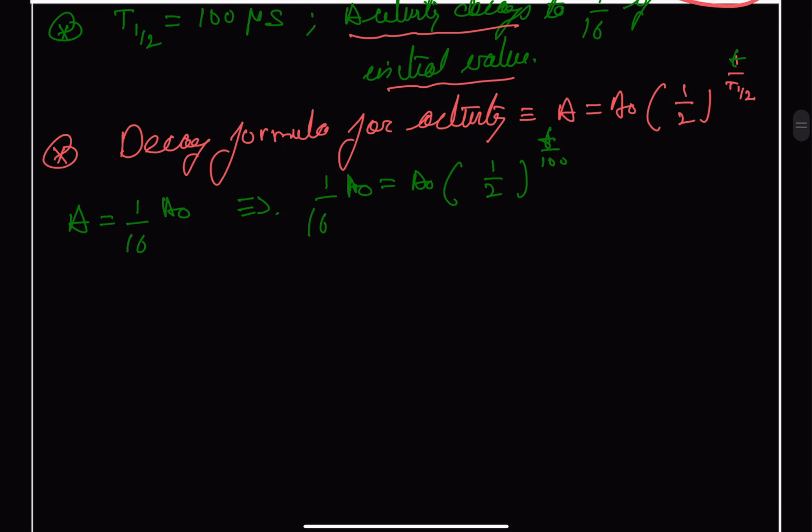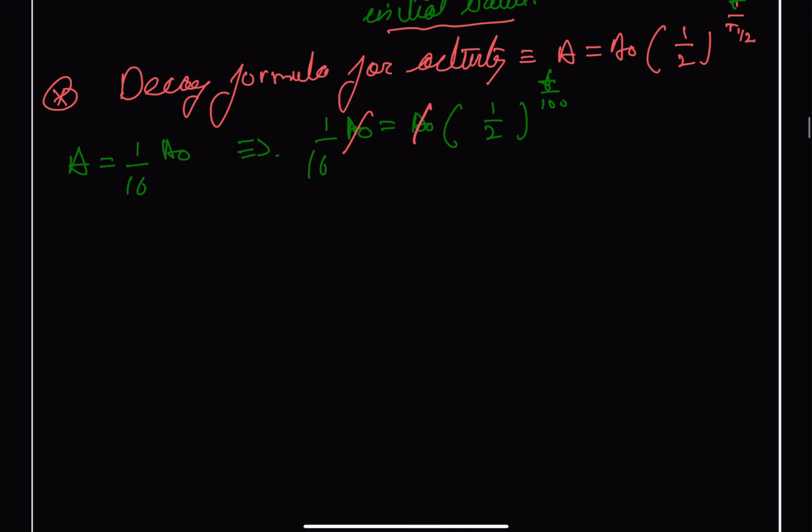And this A naught and A naught cancel out. So we can just manipulate it. 1 upon 16 can be written as 1 upon 2 raised to power 4, which is equal to (1/2) raised to T upon 100.